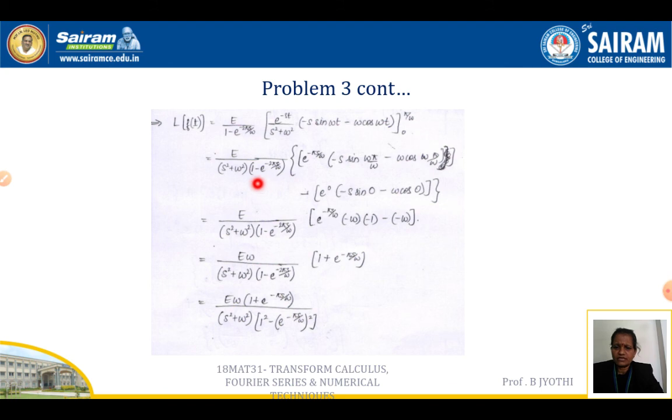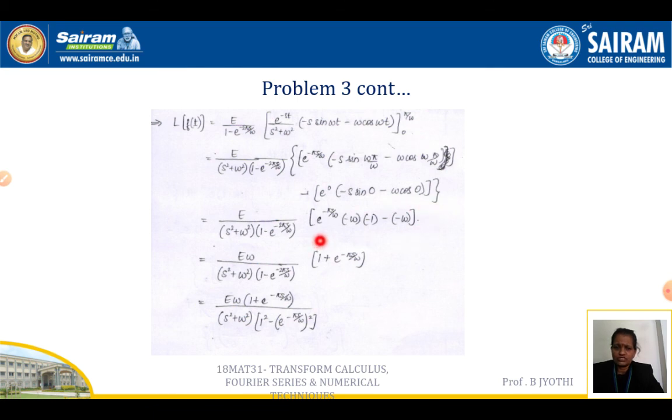So this will be e divided by s square plus omega square of this into, here this part is taken common. So on simplification, e power minus pi s by omega into minus s sin omega t, omega pi by omega, minus omega cos omega pi by omega, minus e power 0 into minus s sin 0 minus omega cos 0.